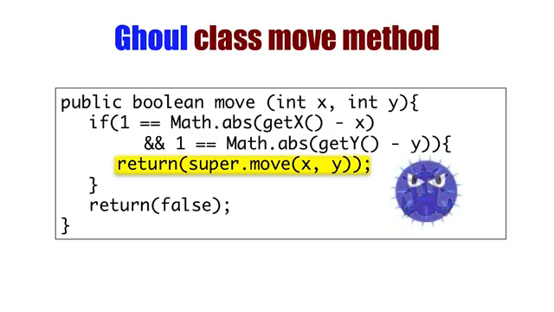Polymorphism allows the Ghoul to stand in as an AB Spike, in this case while calling and executing the move method defined in the AB Spike class. In fact, as we will see in upcoming lessons in this module, a Ghoul object can stand in for an AB Spike object anywhere an AB Spike object is expected.